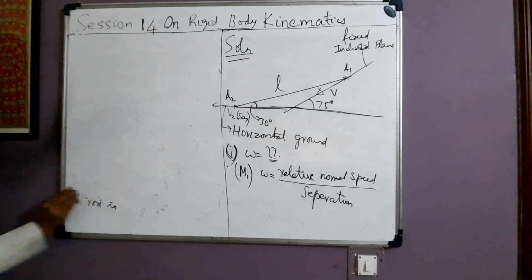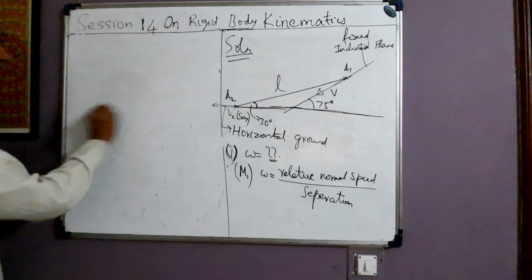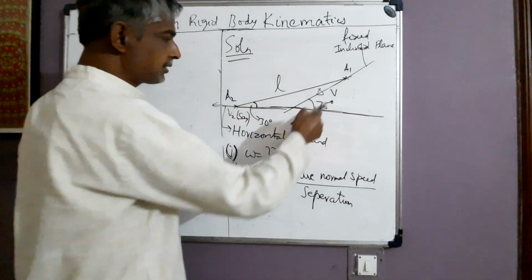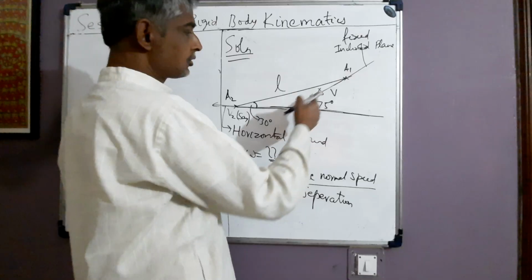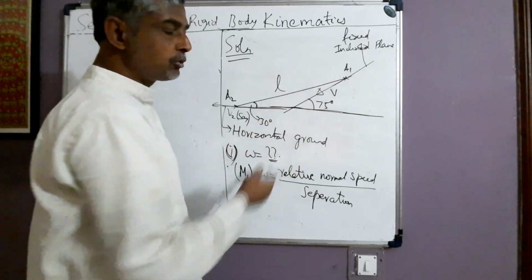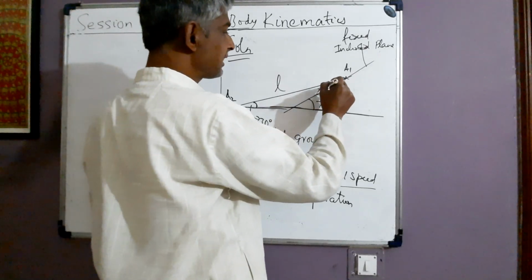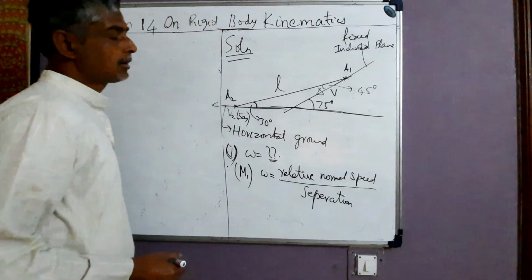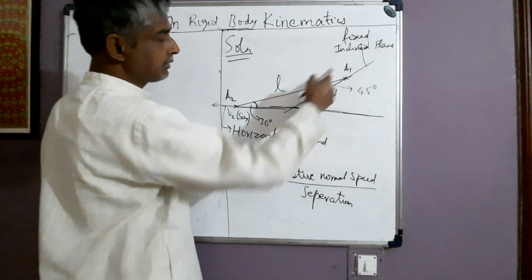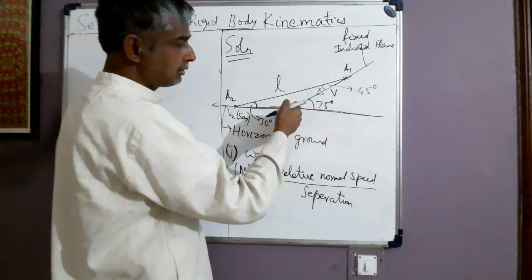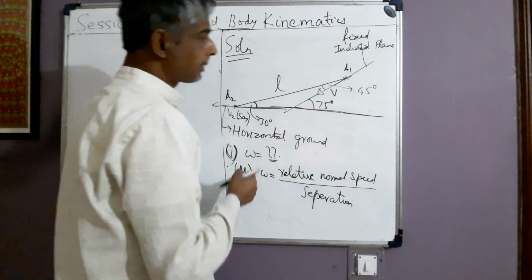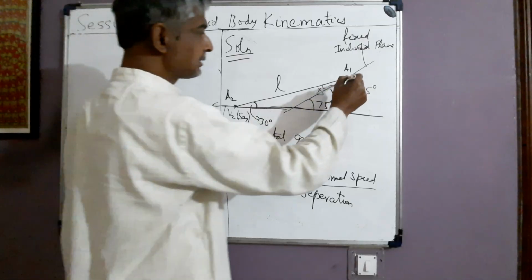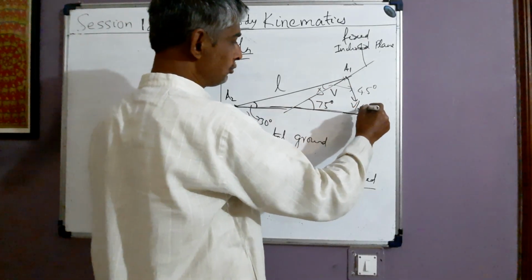So now what is the relative normal speed? See, this is 75 degree, this is 30 degree. So this exterior angle of triangle equals sum of two interior opposite angles. So this angle becomes 75 minus 30, that is 45 degree. Now, what is the normal velocity of A1? Velocity of A1 is V down the inclined plane. The normal velocity of A1 is the component of V normal to rod A1, A2. That is simply V sin 45 degree, V by root 2.